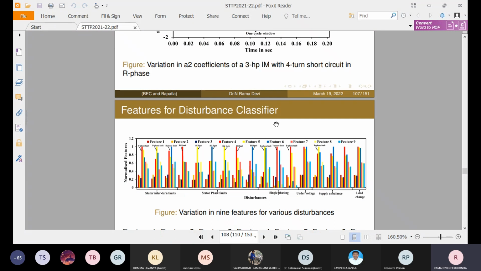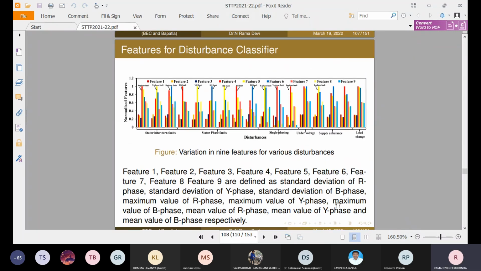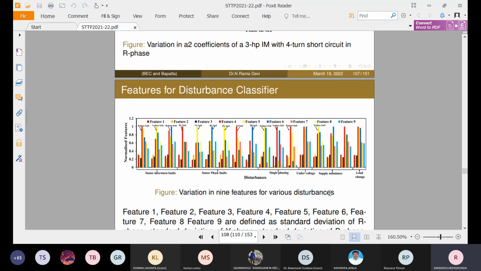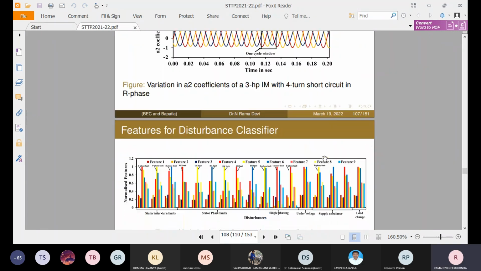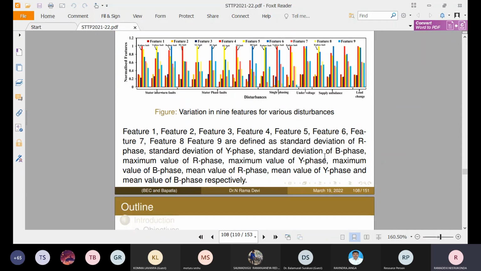So here for the disturbance classification, we take 9 features for various disturbances. All these 9 features are the mean, deviation values and maximum values of the coefficients.